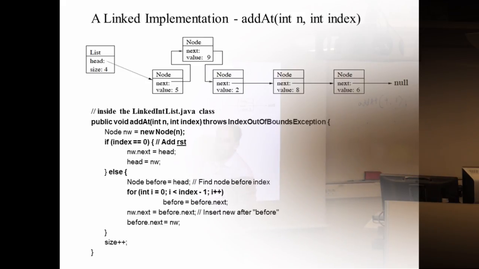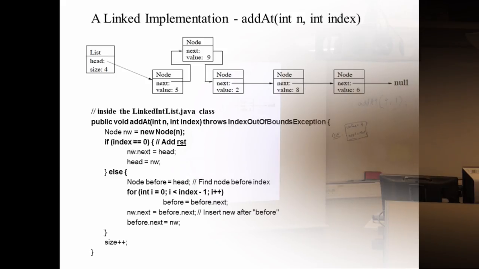We go here, we create a new node and assign the value. So this is a new node, value is equal to 9 and next will be null because we have not done anything yet. If index is equal to 0, it means you want to have the element at the start of the list, because this is the 0 position. That's the simple case.